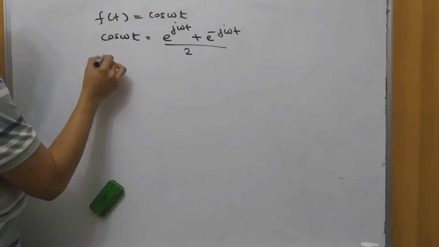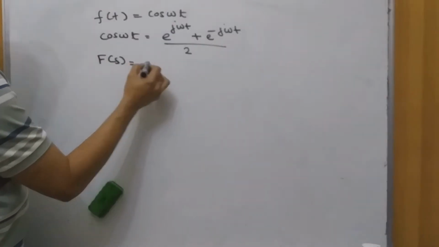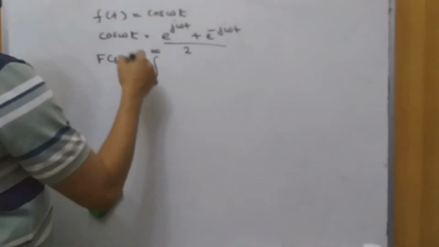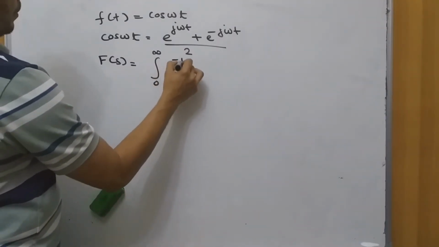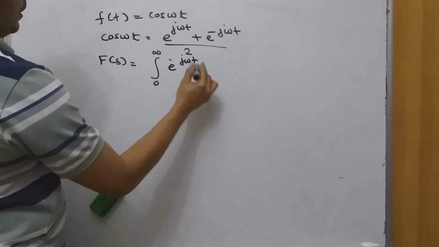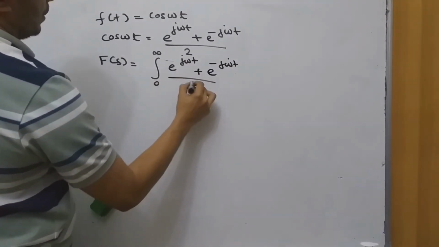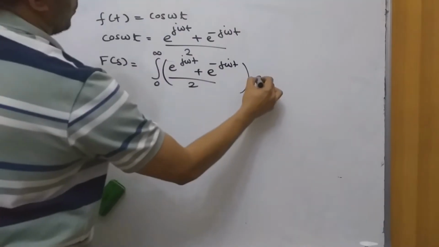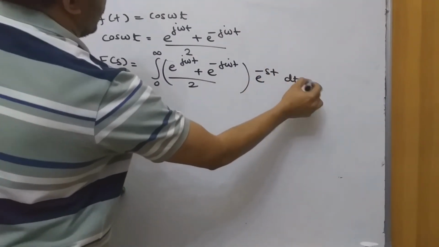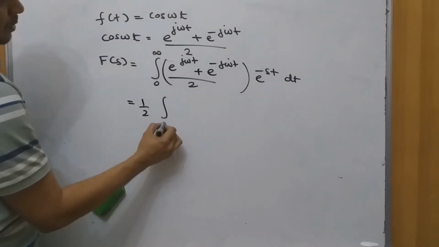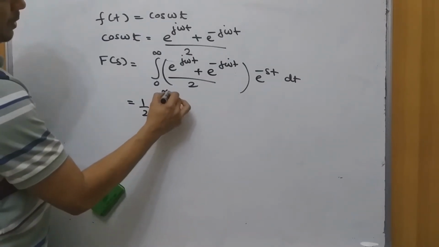So now we'll try to find out f of s. As we have seen before, it is the integral from 0 to infinity of e to the power j omega t plus e to the power minus j omega t, divided by 2, multiplied by e raised to minus st dt. So here half is a common term, we take it out.